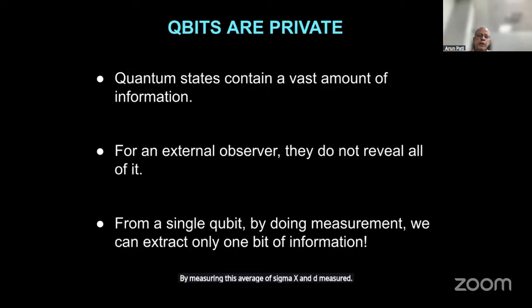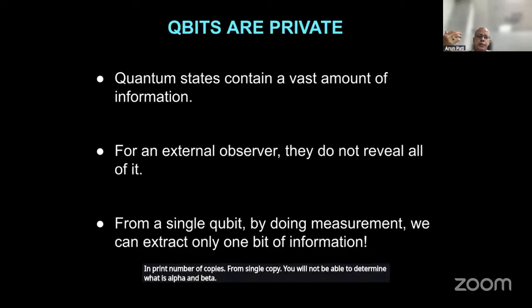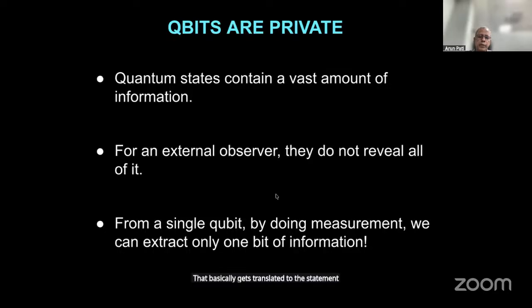And you know that in quantum mechanics, to determine the average of any physical quantity, you need an infinite number of copies. From a single copy, you will not be able to determine alpha and beta. That translates to the statement that from a single qubit, by doing measurement, you can extract only one bit of information.